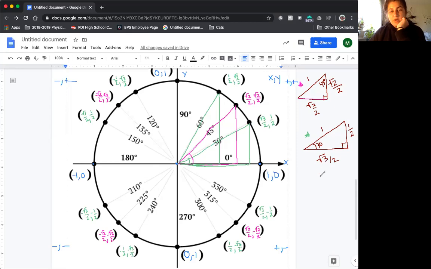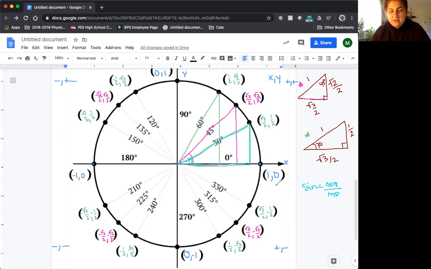Okay, and what is important to note as well is that when we talk about sine and cosine, right, we want to think about, okay, well, if I am interested in the sine of 30 degrees, and I know that sine represents opposite over hypotenuse, right? I care about this triangle right here.